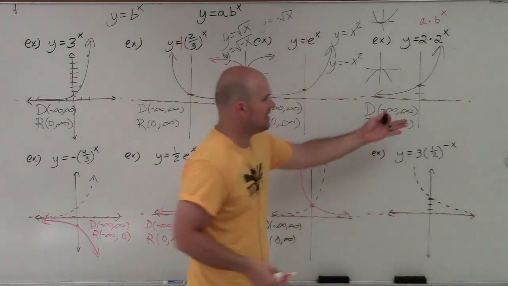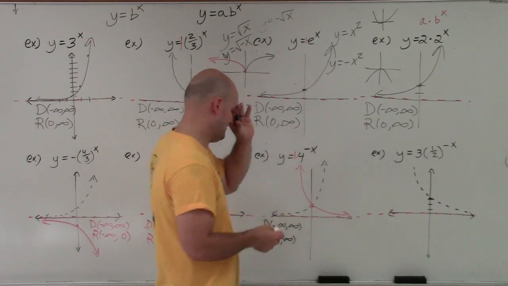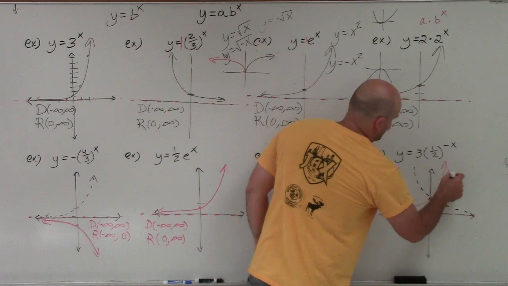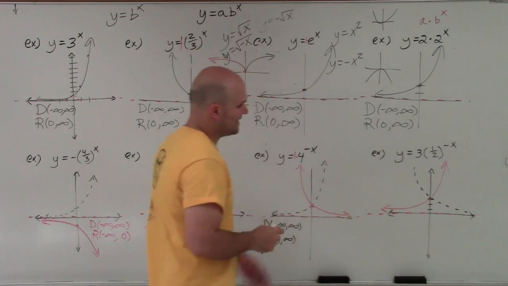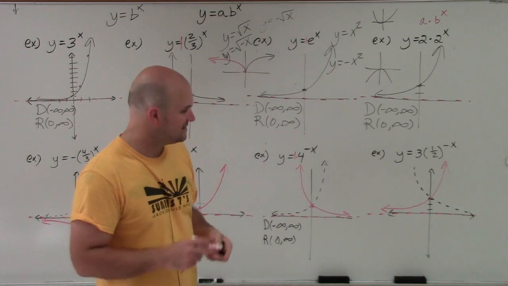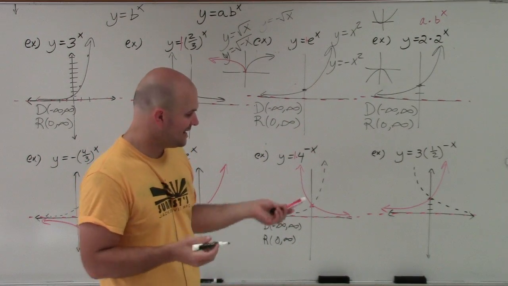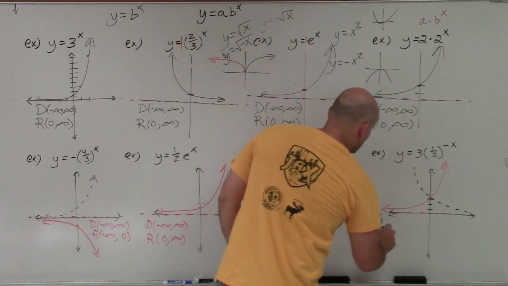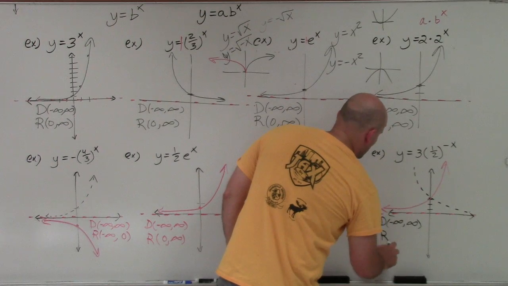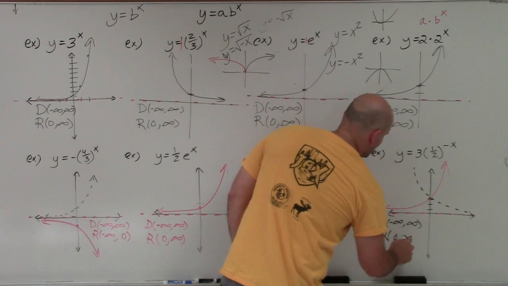Okay, but now if I reflect about the y-axis, that means my graph is going to look something like this. Again, it's going to be approaching my asymptote. It has an intercept at 3, and it has its reflection. The domain is going to be from -infinity to infinity. And the range is going to be from 0 to infinity.